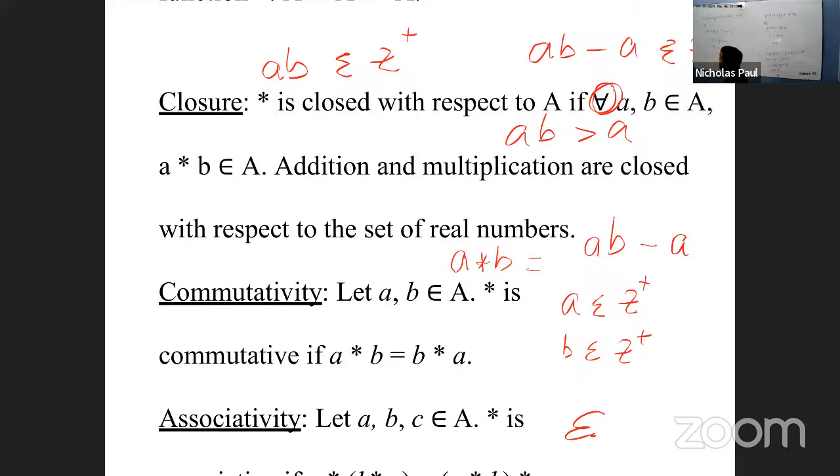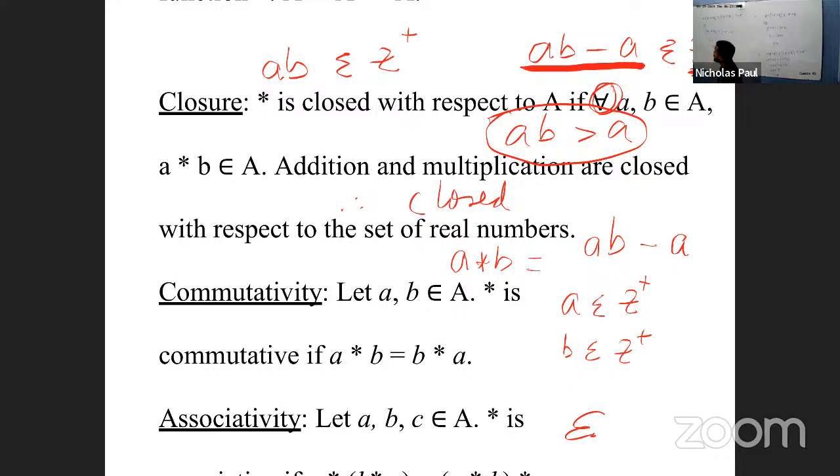Okay, so yes, there is no counterexample to disprove that. Right? A by B will always be more than A. So it means that AB minus A will always be a positive integer. Okay? So therefore, the answer is yes, it is true. That's okay?